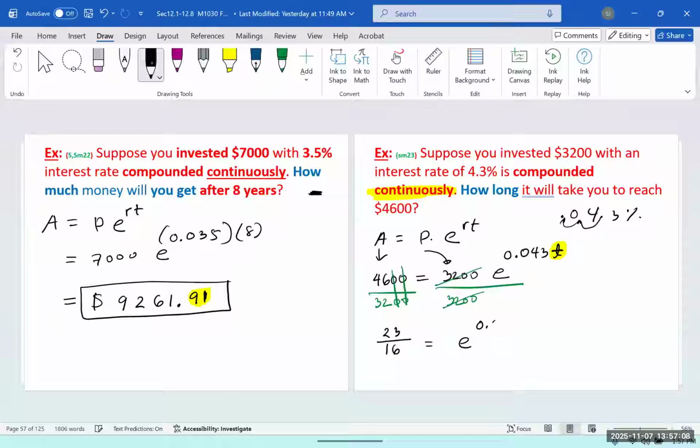e to the 0.043 t. Now, which one can we get rid of first? e. So what do we call? The ln. We call ln, hey ln, can you please come? Ln said gladly. So it comes to both sides. And then what happens? They cancel one another. So we get ln of 23 divided by 16 equals 0.043 t.